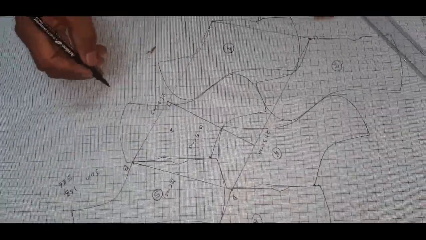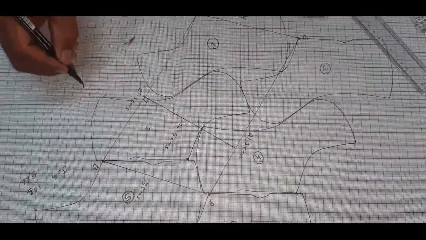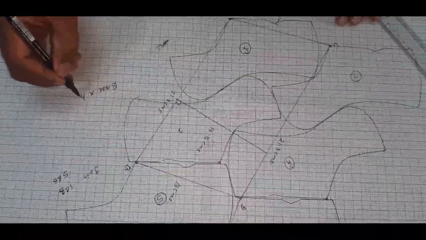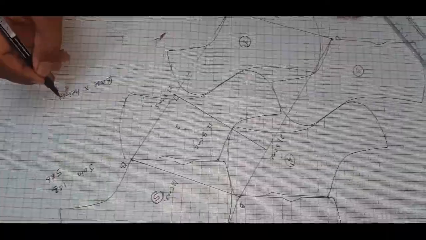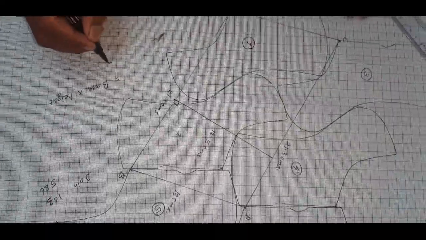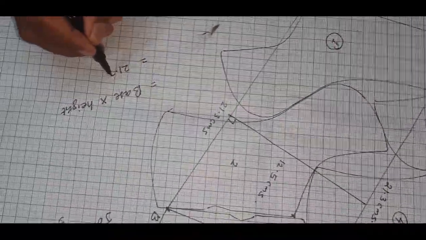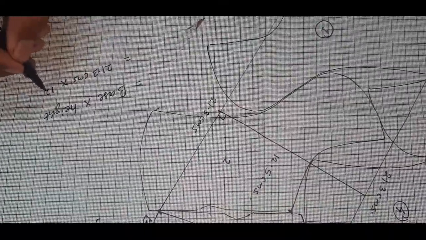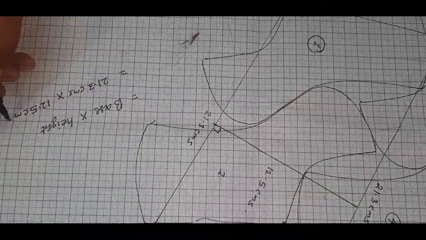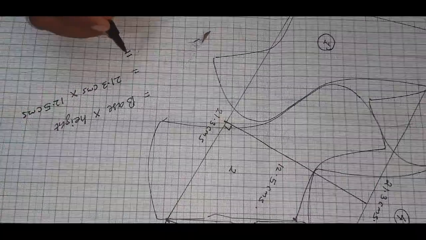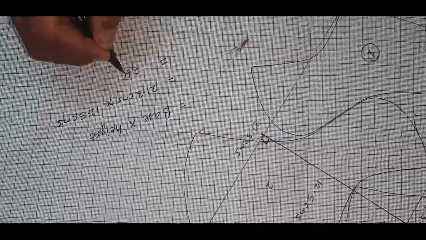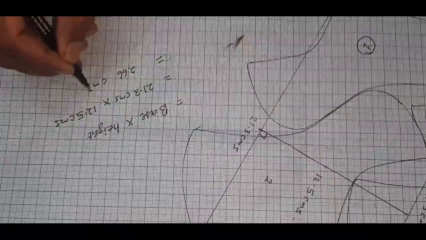To calculate the parallelogram area, the formula is base multiplied by height. So base is 21.3 centimeters. Height is 12.5 centimeters. If you multiply this, the product is 266 centimeters square.